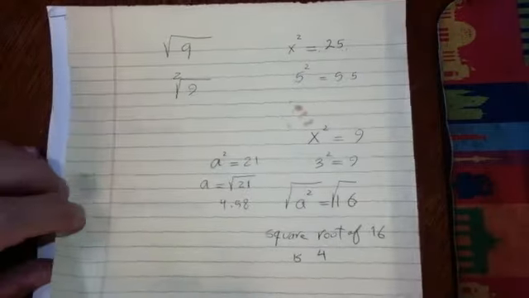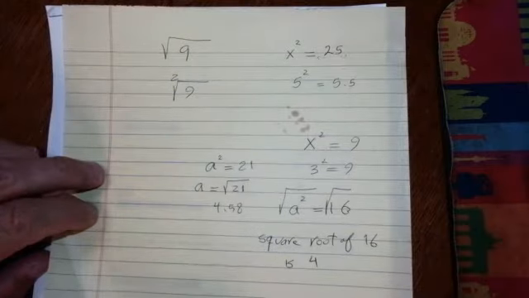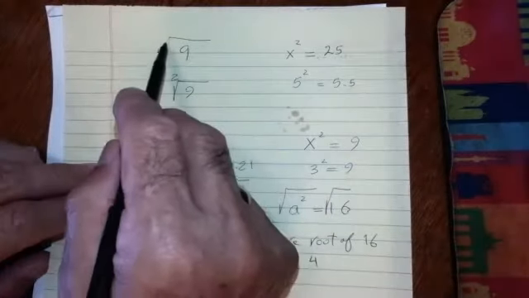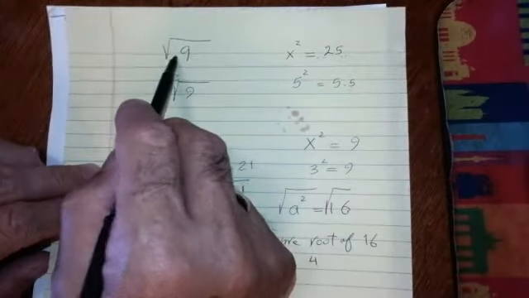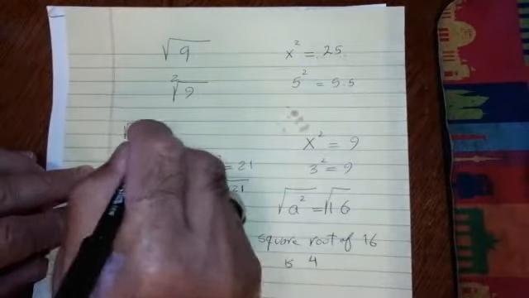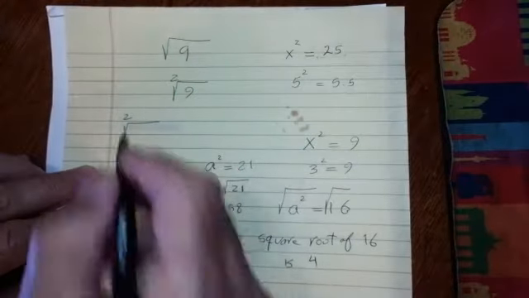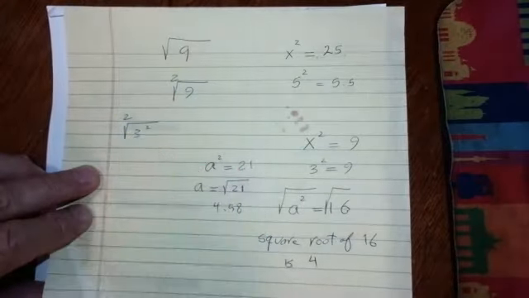All right. The other way to do it is this. If you want to find the square root of 9, 9 is 3 to the power of 2.